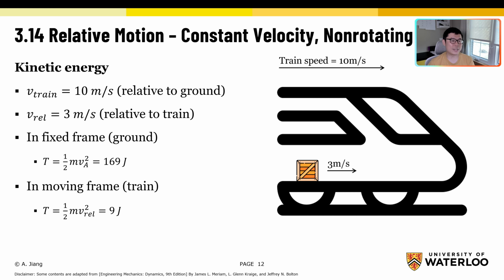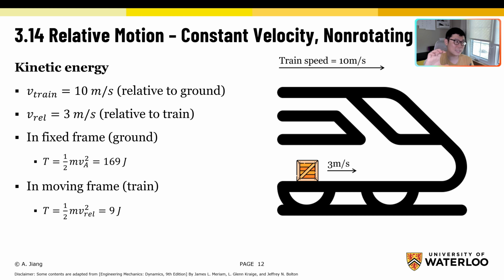For kinetic energy, they are different when measured from different frames. In the fixed frame on the ground, we'll use the absolute velocity v_A, which is 13 meters per second, and T is 169 joules. And in the moving frame, we'll use the 3 meters per second, the v_relative, to calculate the kinetic energy, which is 9 joules.